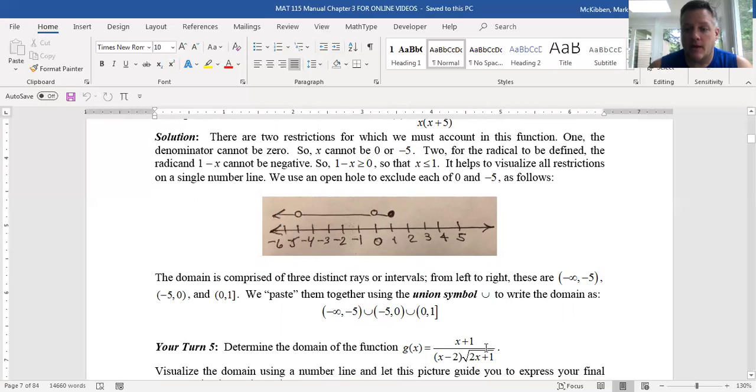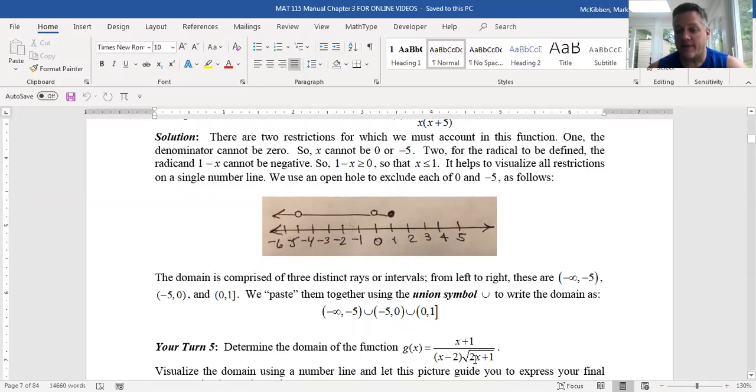All right. Your turn here, same idea. Let me just talk you through briefly and I'll let you check it on your own later. The bottom can't be 0, right? So I have to throw out x equals 2 and whatever makes that equal to 0.